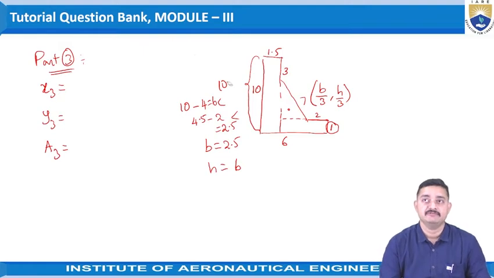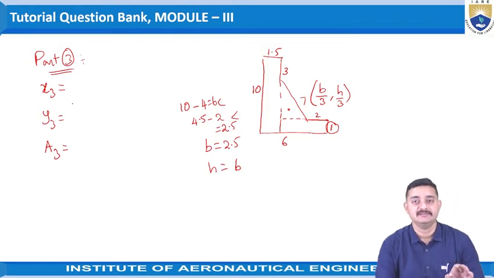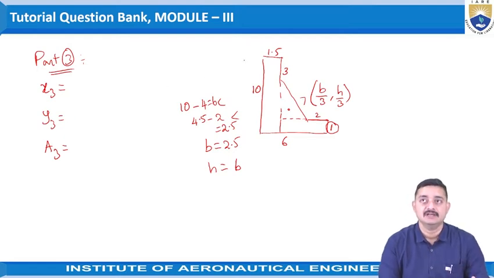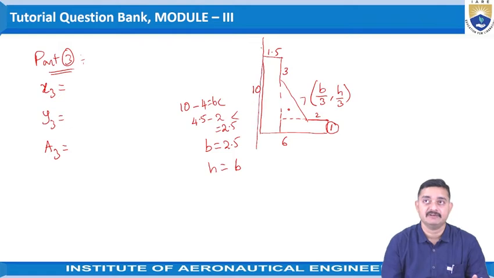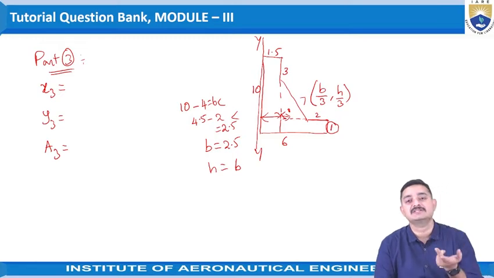Now in this way we can find x3 and y3. Now what is x3 here? x3 is the distance of the centroid of this triangle from the y-axis. The y-axis is lying here, so this distance plus this distance will be taken as the distance of the centroid from the y-axis.